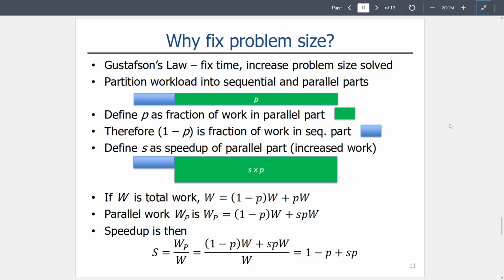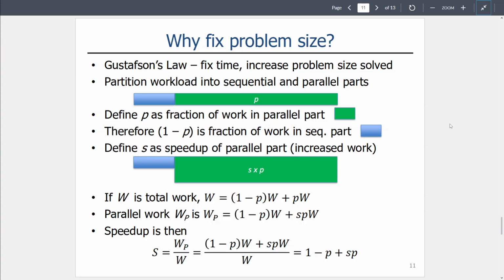So if we view this model from Gustafson's perspective, that changes the math a little bit. Here are our fractions. These are actually the same as before, but then for the speed up, you can see this green section gets bigger. The amount of time is the same, but the amount of work that is being done is bigger because I'm able to get more work done in the same amount of time.